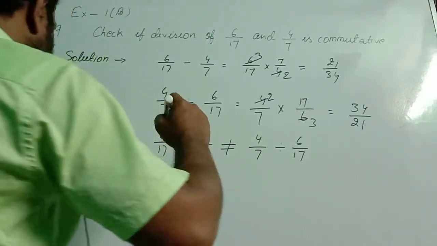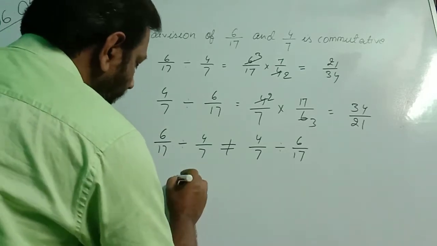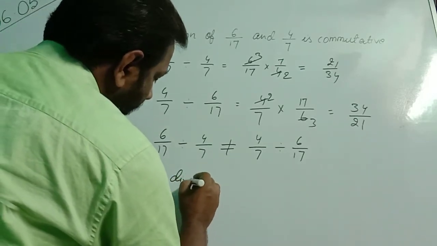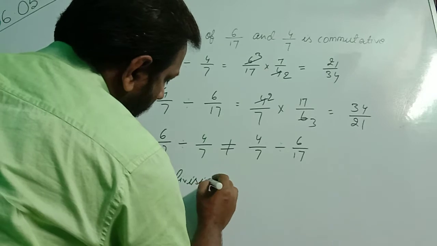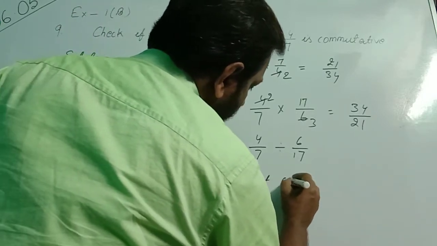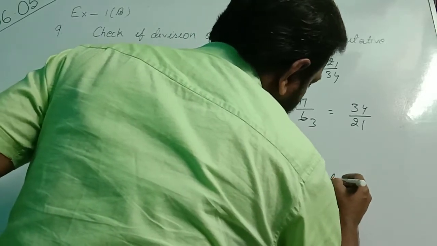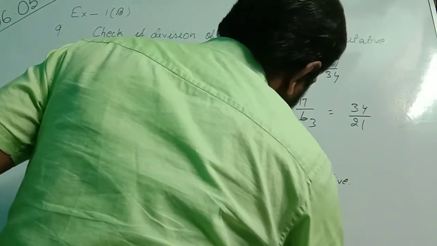Division is not commutative. We write the answer in this form: division is not commutative. This is the answer.